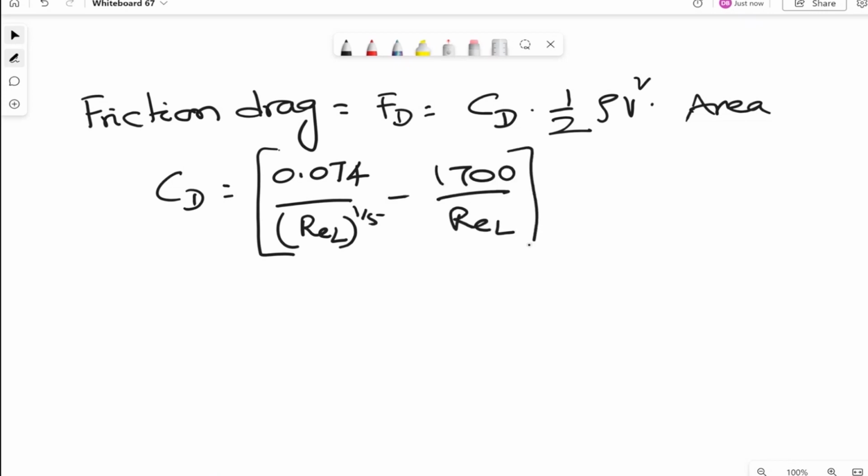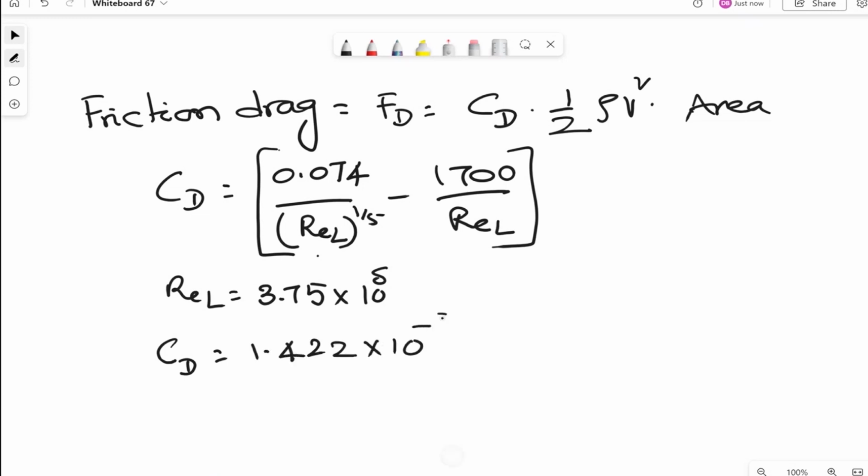The first term is the turbulent boundary layer equation, and the second is to account for the laminar boundary layer. Use this formula with the Re_L value, which we already have as 3.75 into 10 to the power of 8. Substitute it and get the C_D value, which is 1.422 into 10 to the power of minus 3.